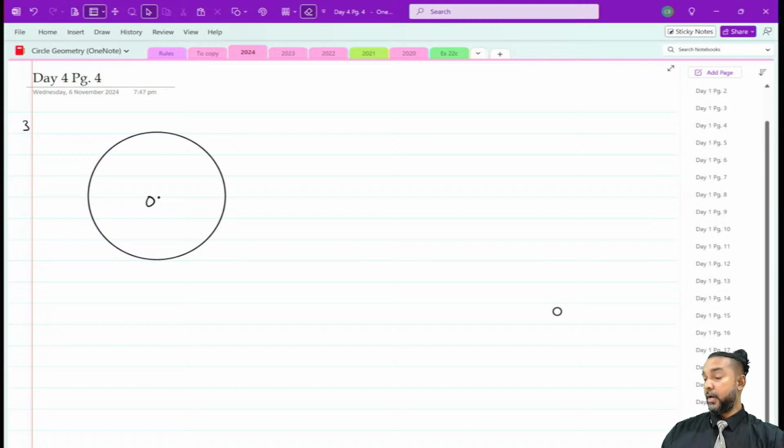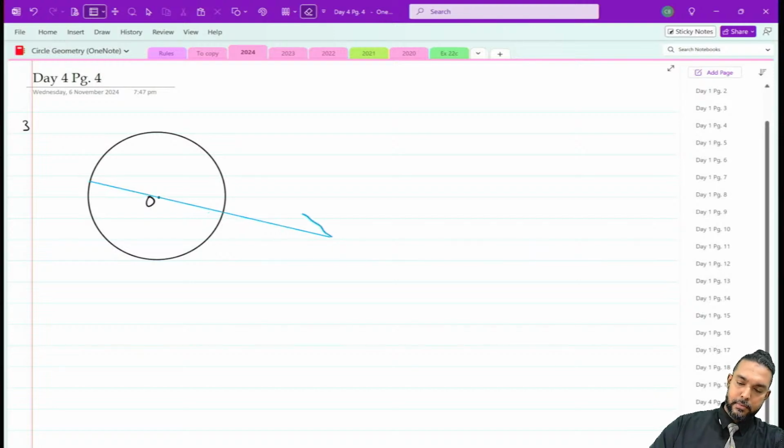All right, so we have a diameter, and they close this up here.